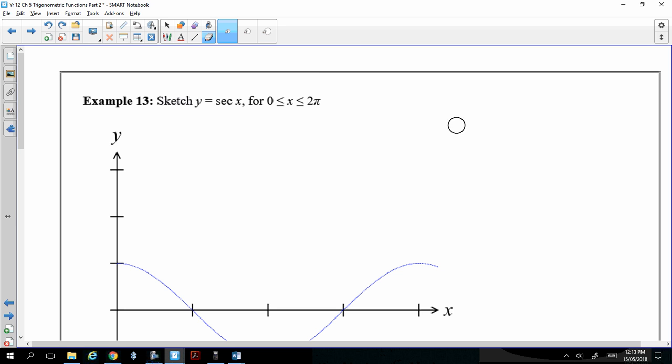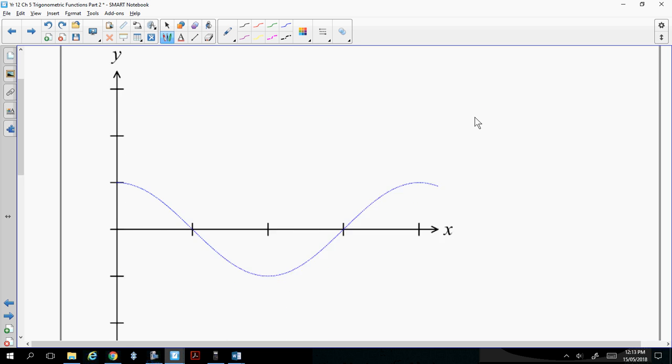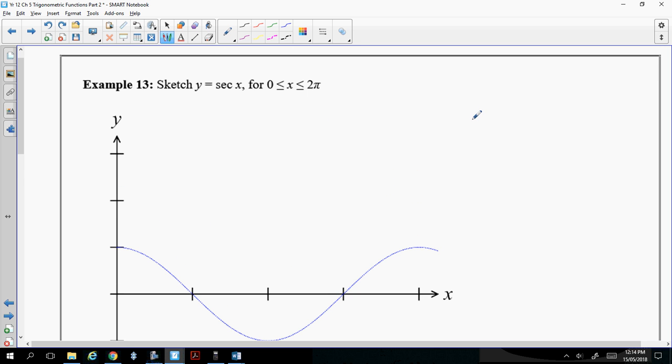So we're going to draw the graph of sec x. How do I draw sec x? Now remember, sec x is related to cos, 1 over cos x. So we have to reciprocal the cos graph. I drew the cos graph for you.